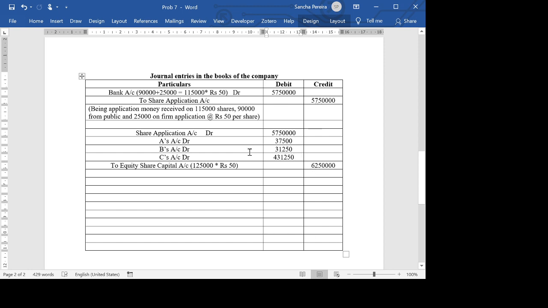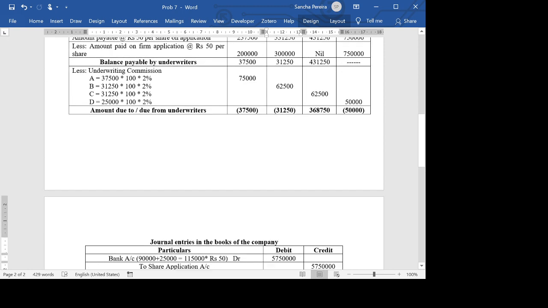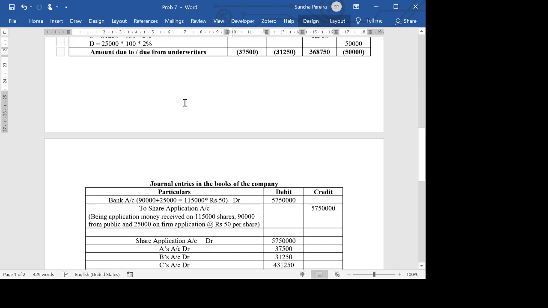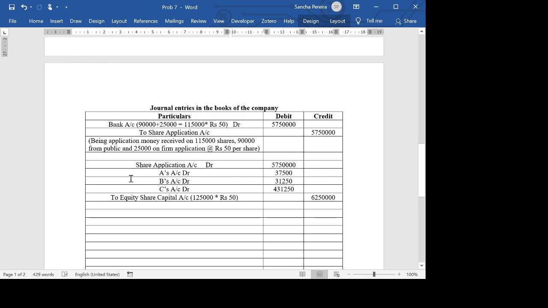That means the balance that has not been taken up by anybody has been taken up by the underwriters. This balance has come from them. So if you're solving the problem, you can just make a note that these three amounts are the balance payable by underwriters. This is a balancing figure basically. So what you do is see how much you have in your share application. Share capital will have the actual issue that is floated, and you expect each and every share to be bought because you have underwritten the issue.